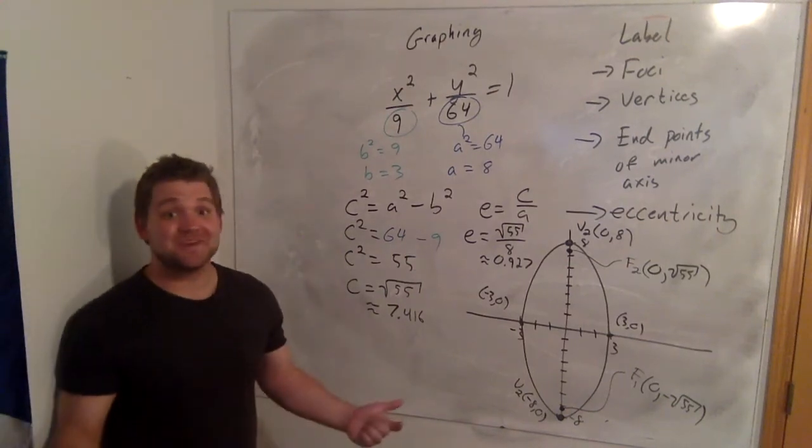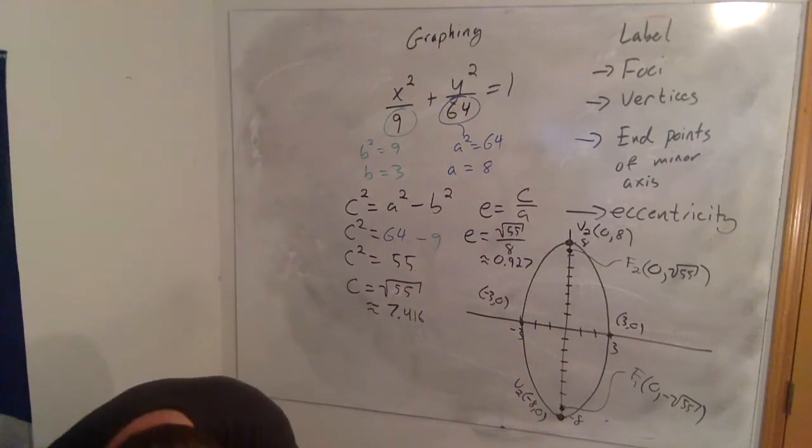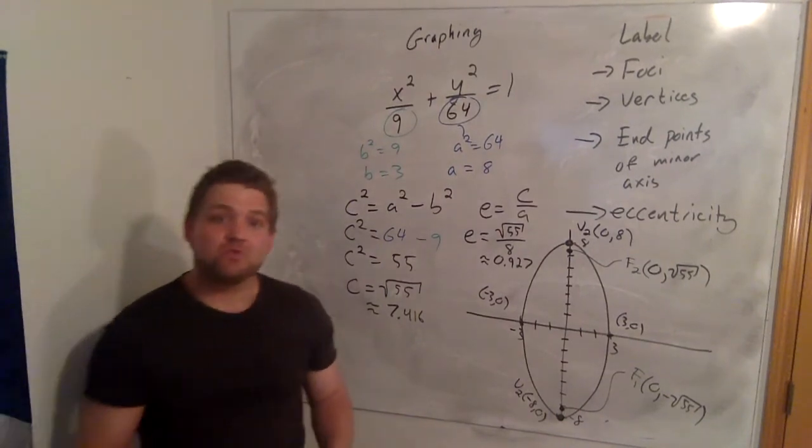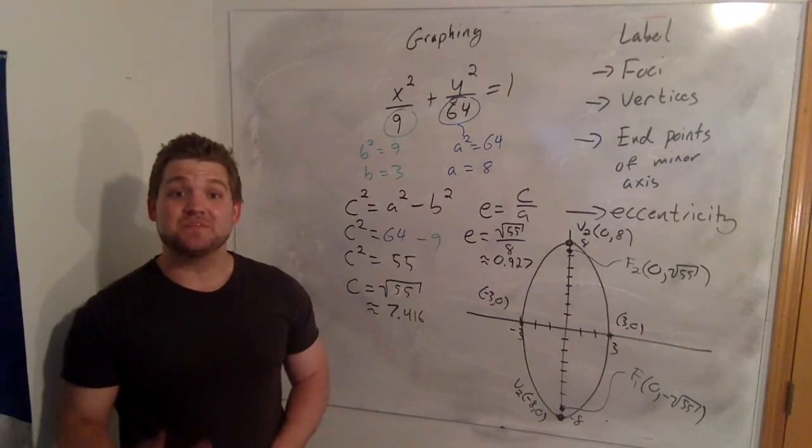Okay, so that's all there really is to graphing these. Let's go ahead and do some examples where we're given some information about an ellipse and we want to find its equation.